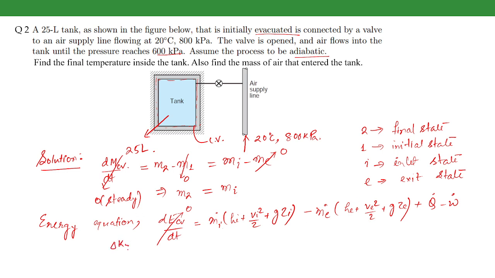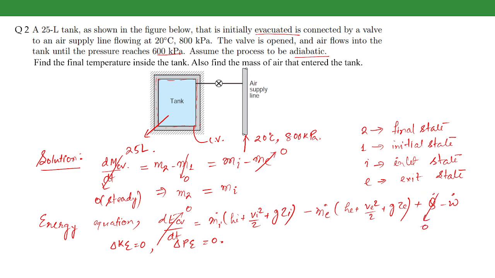That is, delta kinetic energy is 0, delta potential energy is also 0. And it is stated that the process is adiabatic, so Q is 0.